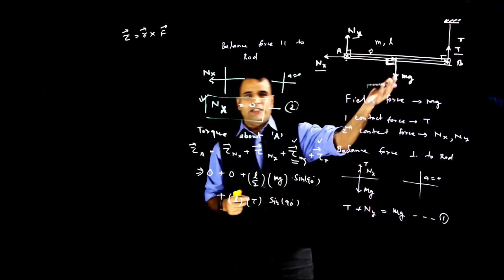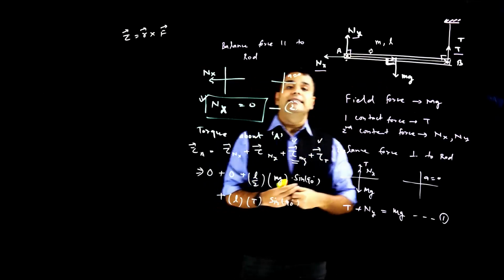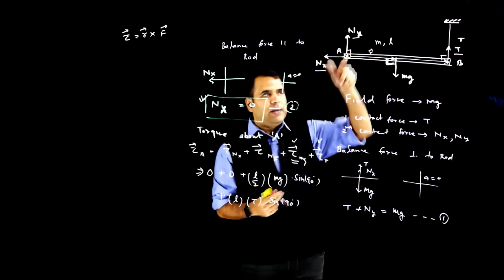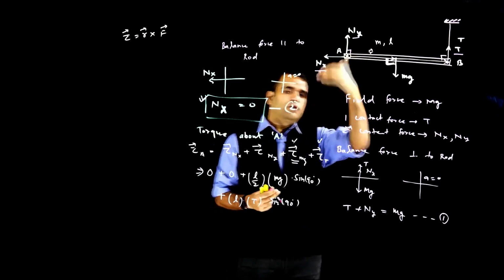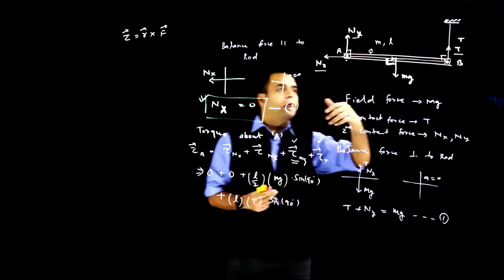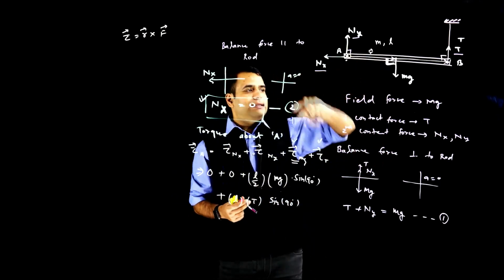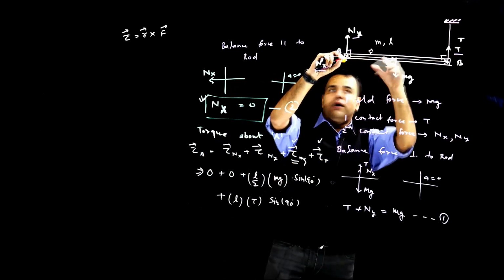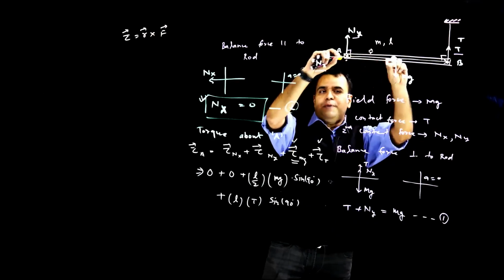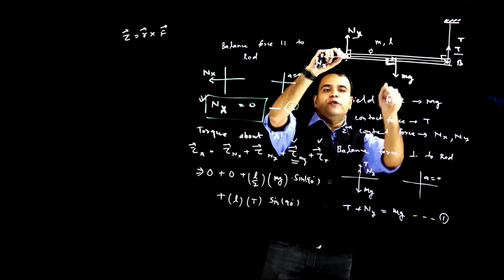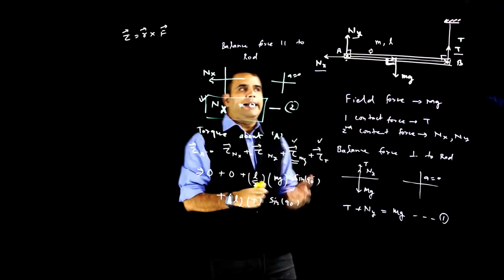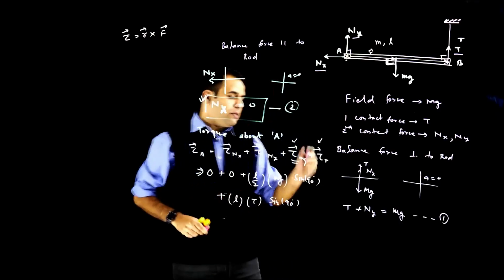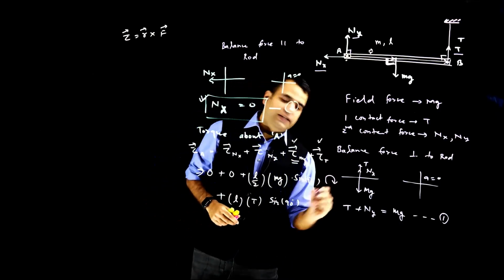So the direction of the torque due to mg is clockwise, and clockwise means inward for me, for you it will be outward. If there is a hypothetical rod, because of this force, will the movement of the rod be clockwise or anti-clockwise? The movement is going to be clockwise, so I am writing clockwise.